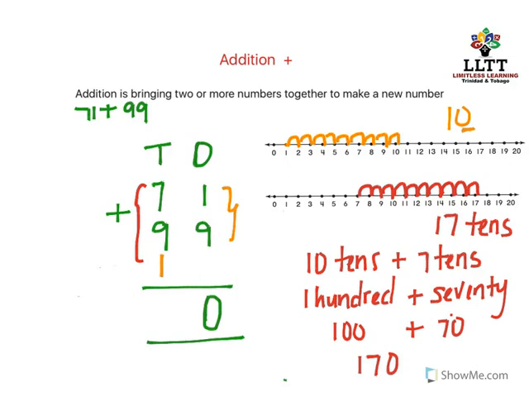Now I'm going to adjust my addition columns and put a hundreds column. Put back my addition sign. So now I have 170. That's 1 hundred, 7 tens, and 0 ones. Right? So 0 plus 0 in the ones column, it remains unchanged.